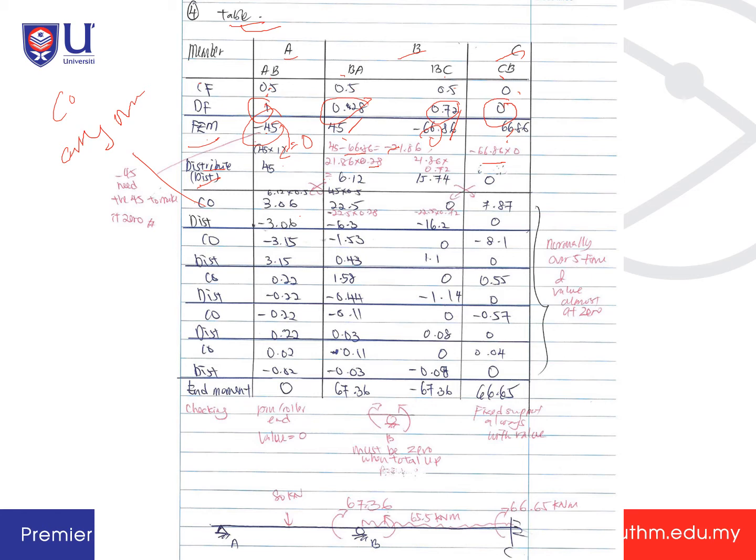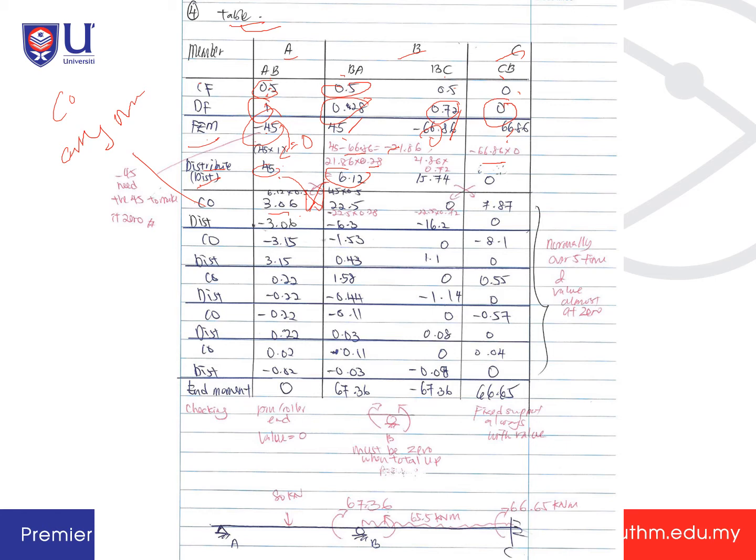So you can see that 45 times 0.5, then you bring it to here, so it becomes 22.5, and then 6.12 times 0.5, you will get 3.06.